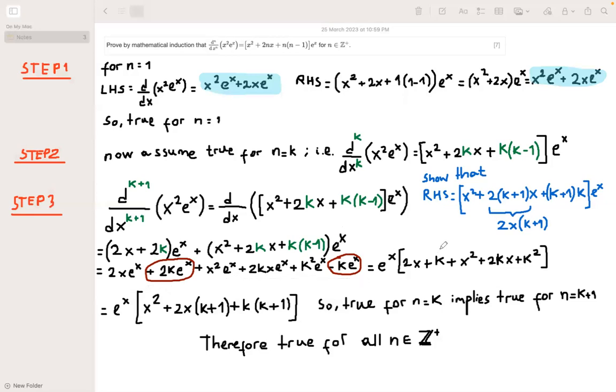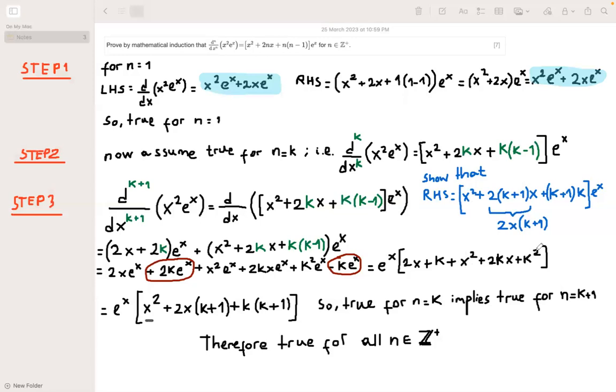But don't forget, the whole purpose is to show that the right-hand side will be this form. So I need to make the left-hand side resemble the right-hand side. If we put e^x outside of the bracket, I have x squared, which is here.